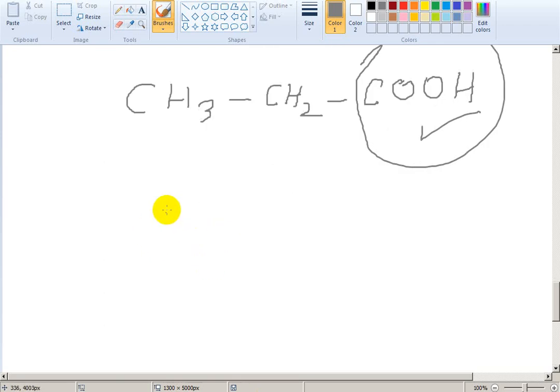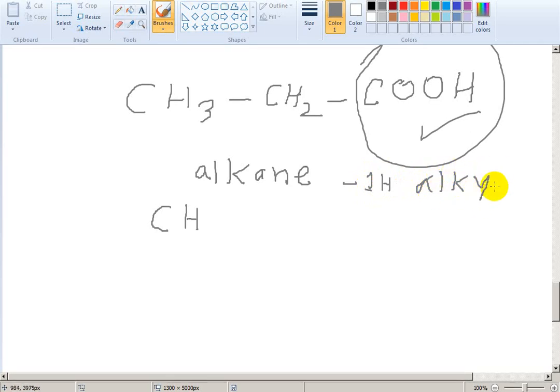When one hydrogen is deducted from an alkane, the alkane becomes an alkyl. Now this is methane.